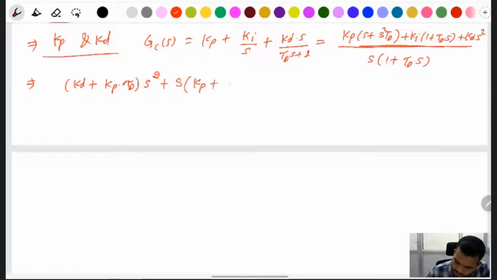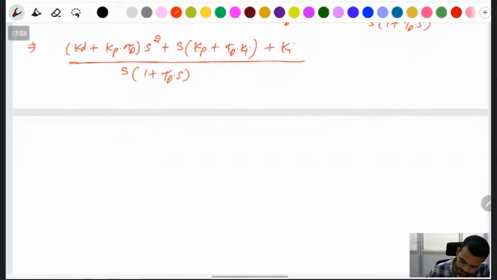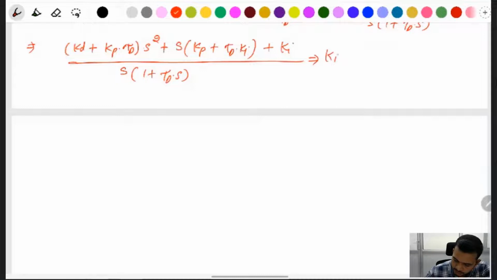If you take s together, then find Kp plus tau d into Ki, s plus the remaining thing, Ki, is the remaining only, over s(1 plus tau d into s).